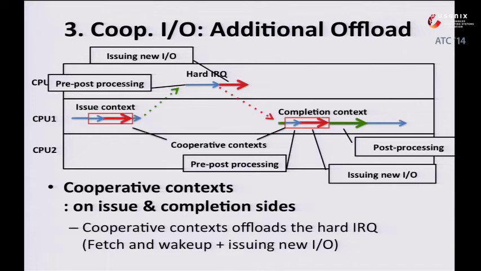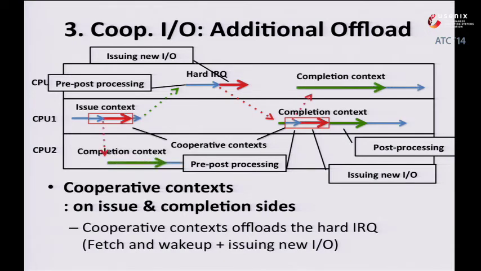The work includes the post-processing stage, waking up the corresponding context of completed I/O requests, and the task of issuing new ones. Since these cooperative contexts are embedded in all issue and completion side contexts, we now have abundant parallel I/O processing contexts throughout the system without introducing unnecessary context switches. This significantly reduces the burden of the hardware interrupt itself.